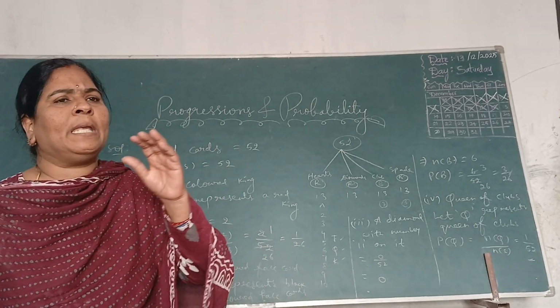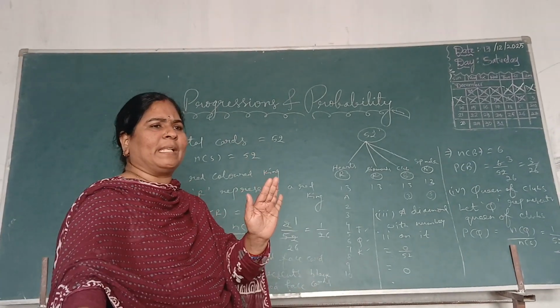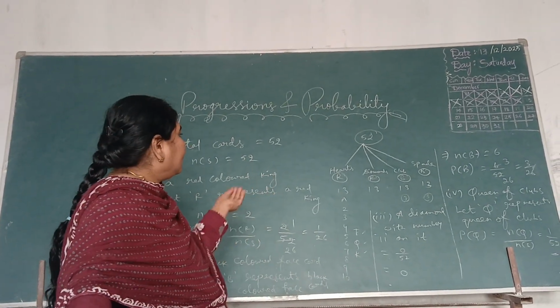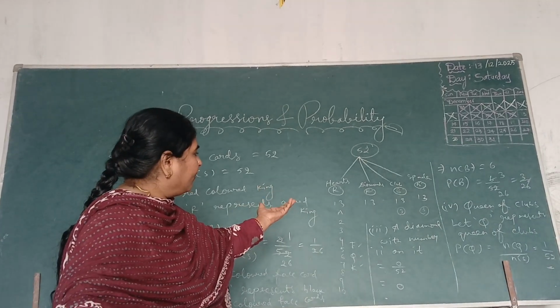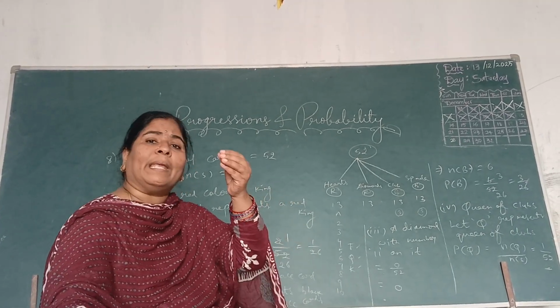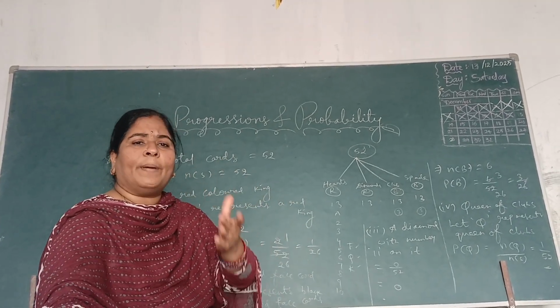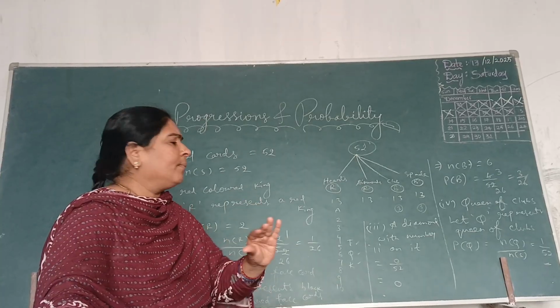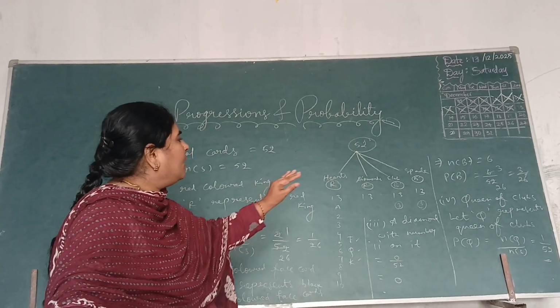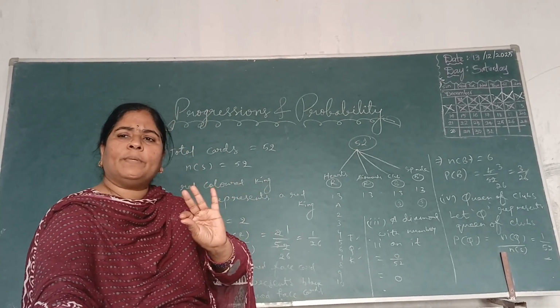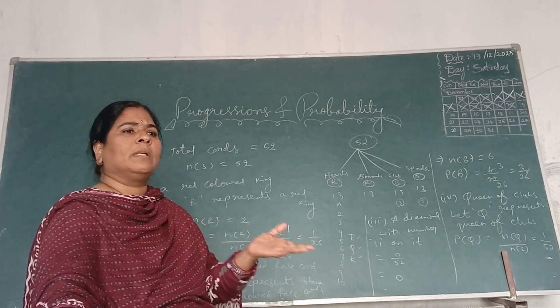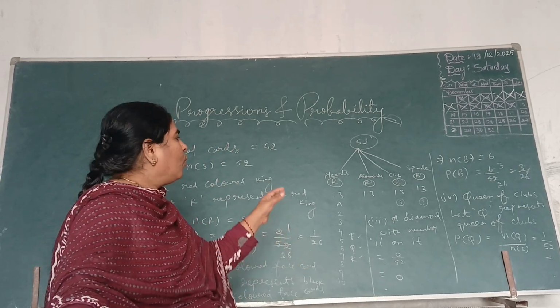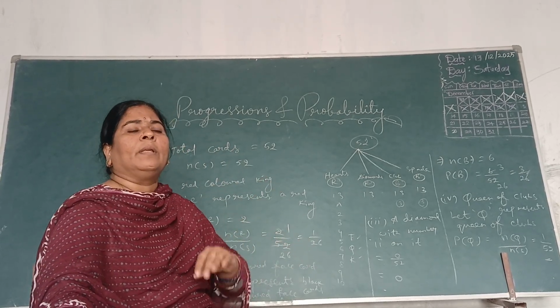Like this, any question may appear in the board examination. They may ask only for diamond, face card, or ace, or numbered cards, or a question may come only on spade. Only spade means I can take 13 because spades are 13. Only hearts are also 13.